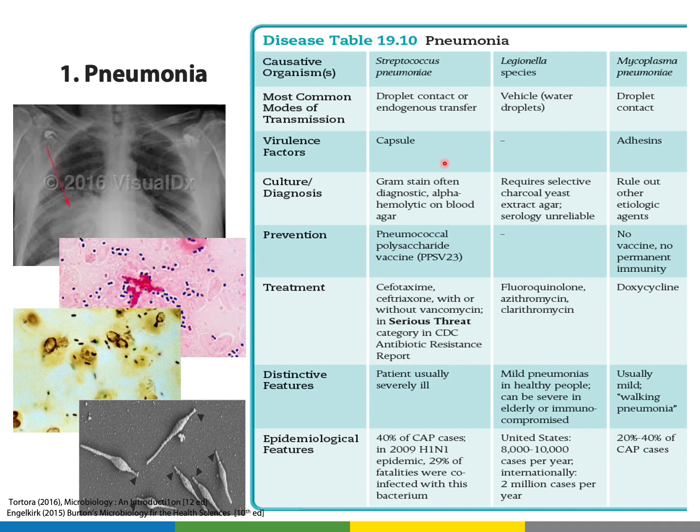Streptococcus pneumoniae is a gram-positive cocci, diplococci, that often appears in pairs. Okay? This is alpha hemolytic on blood agar. Earlier, group A strep is beta hemolytic. Now, Streptococcus pneumoniae is alpha hemolytic.